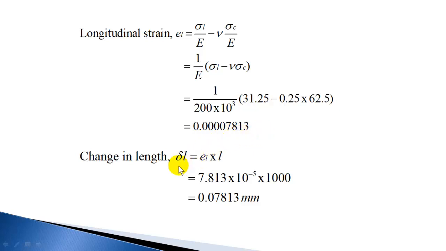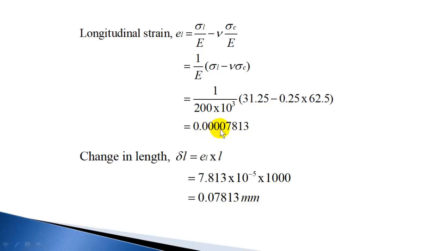To find the total change in length, you have to multiply the strain in length with the initial length of the cylinder. This is 7.813 into 10 raised to minus 5, moving 5 decimal places.